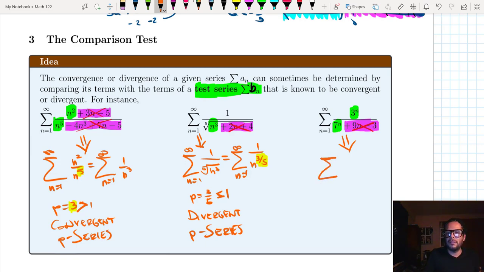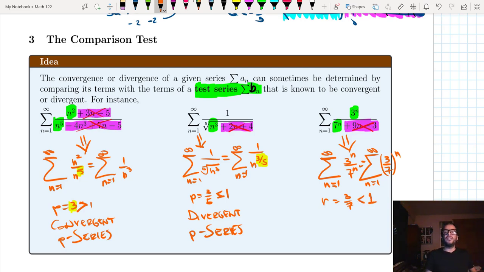series. So sigma n equals 1 to infinity of 3 to the n over 7 to the n, which is the same as sigma n equals 1 to infinity of 3/7 to the nth power. And in this case, we have a geometric series with r equals 3/7, which is a number less than 1.